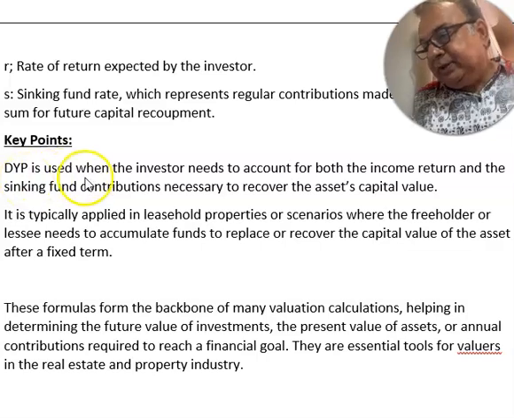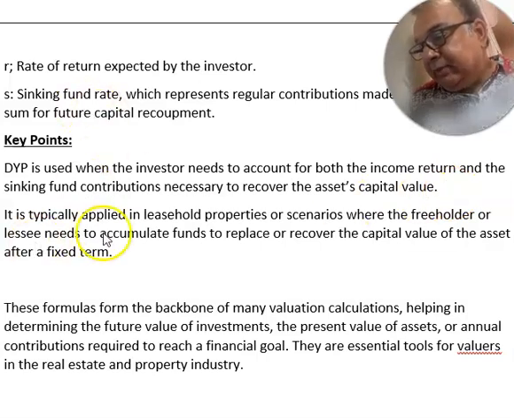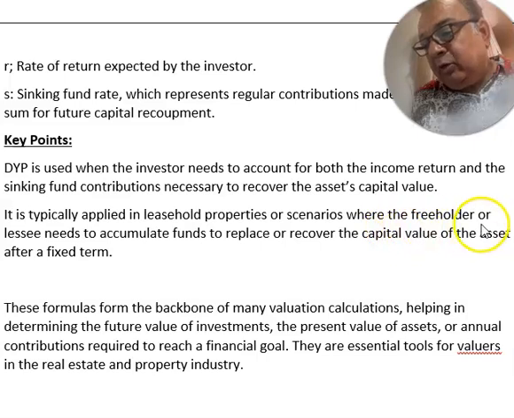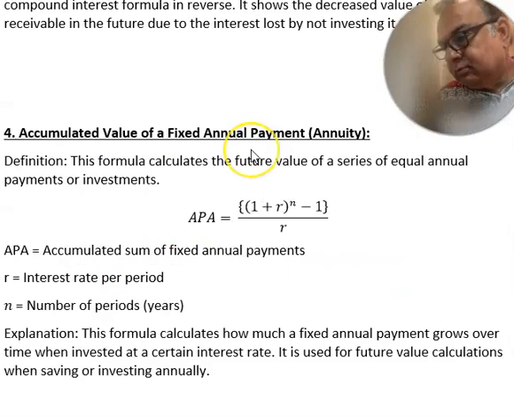Dual year purchase is used when the investor needs to account for both the income return and the sinking fund contribution necessary to recover the asset capital value. It is typically applied in leasehold property or scenarios where the freeholder or lessee needs to accumulate a fund to replace or recover the capital value of the asset after a fixed term.